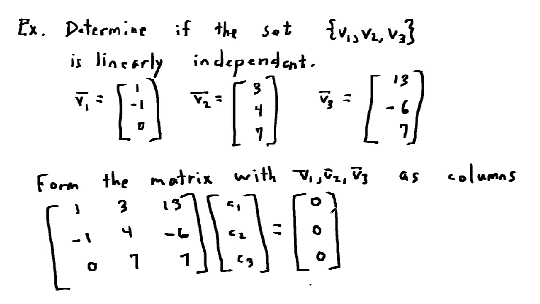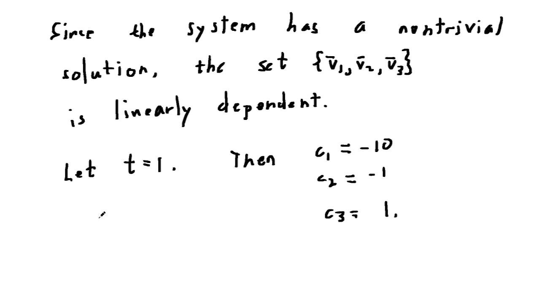Remember that this matrix equation is equivalent to the vector equation, which has a linear combination of the column vectors of this matrix and weights C1, C2, and C3. So we would have C1 V1 plus C2 V2 plus C3 V3 equals 0.